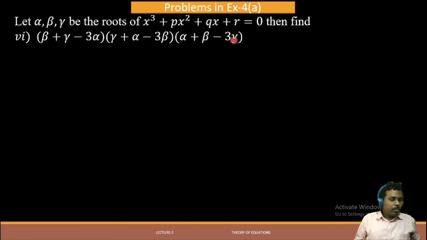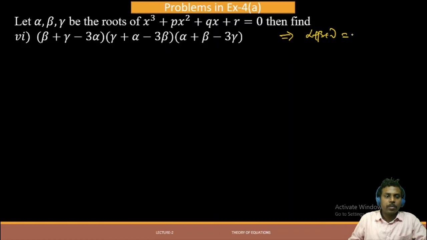Okay, now let us write down the solution for this. So given that alpha, beta, gamma are the roots of the given equation, then this immediately implies alpha plus beta plus gamma is equal to minus p.